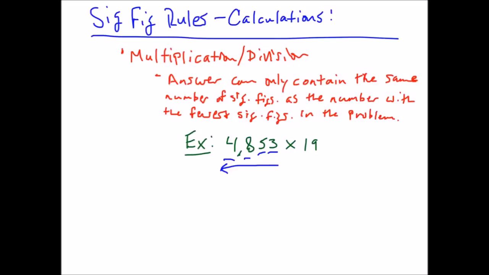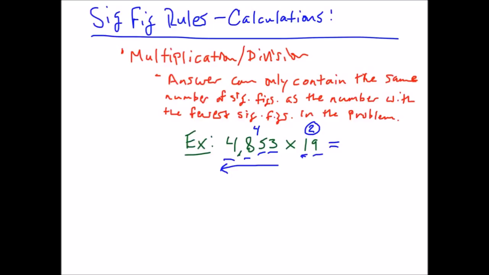How many sig figs does 19 have? Good, 2 sig figs. Alright, what that means is that since 19 has 2 sig figs and 4,853 has 4 sig figs, our answer is only allowed to have 2 significant digits because that's the number with the smallest amount of sig figs.